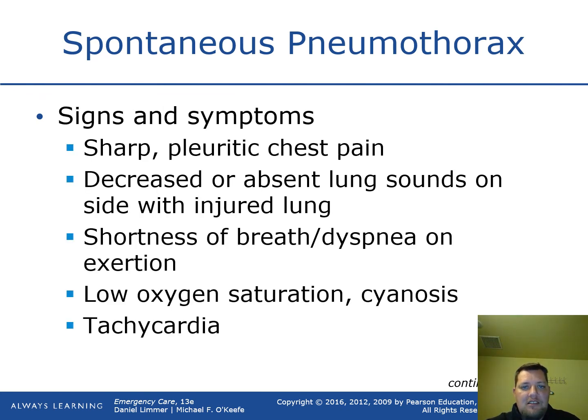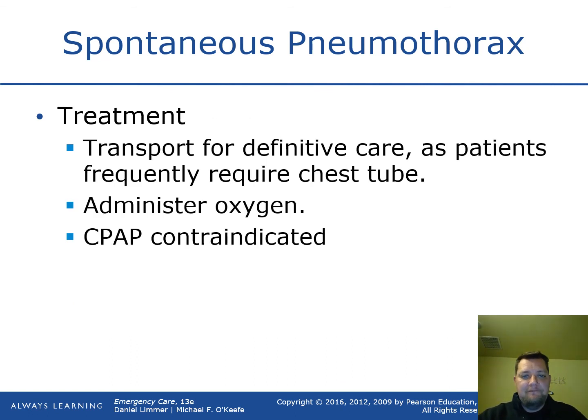Okay, so signs and symptoms of a spontaneous pneumothorax: sharp pleuritic chest pain, decreased or absent lung sounds on the side with the injured lung, shortness of breath, low oxygen saturation and cyanosis, and tachycardia.